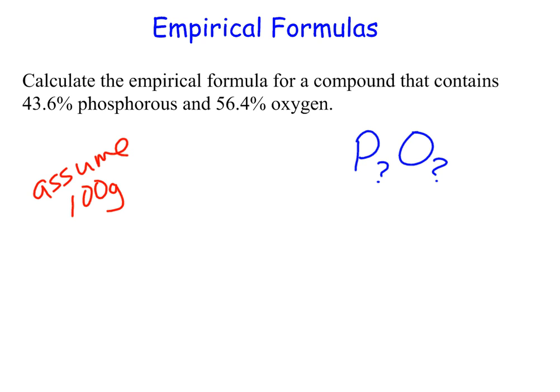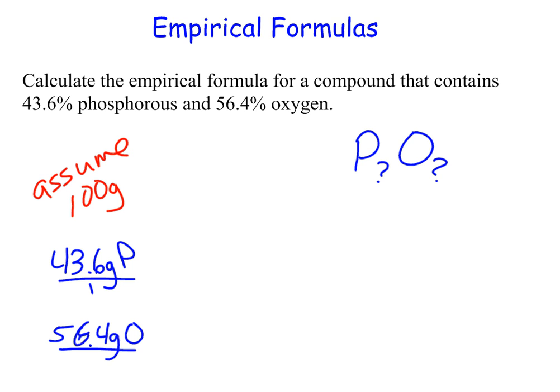If we have 100 grams of this compound, using the percentages, we could then say that we have 43.6 grams of phosphorus and 56.4 grams of oxygen. Now again, the mass isn't going to do us any good. We can't plug that into our formula. However, we can plug in the number of moles.